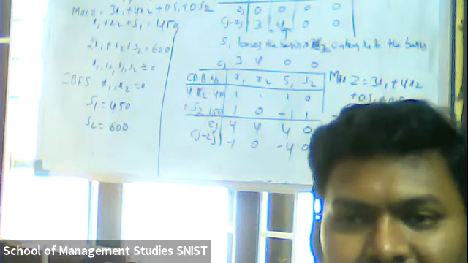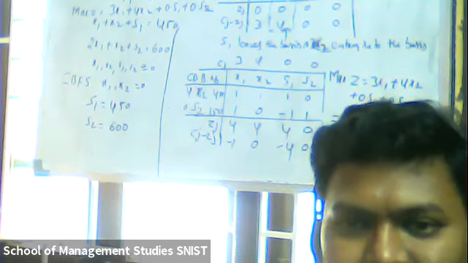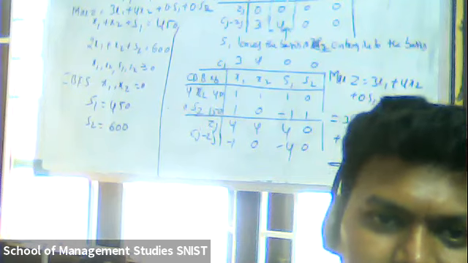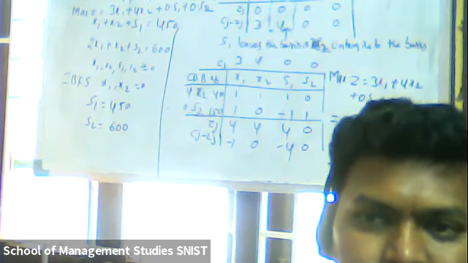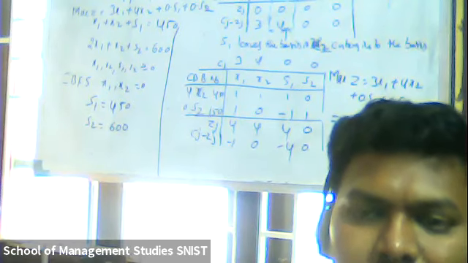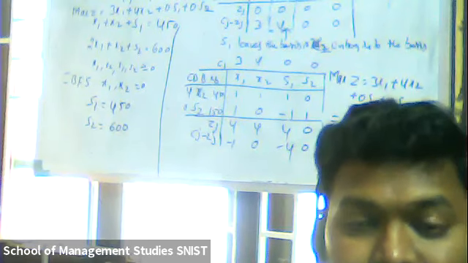Okay, then based on that, we are going to make a new table again, right? So if R1 is your key row, then R1 new you are going to find out. R1 new equals R1 old minus R1 old divided by key element.